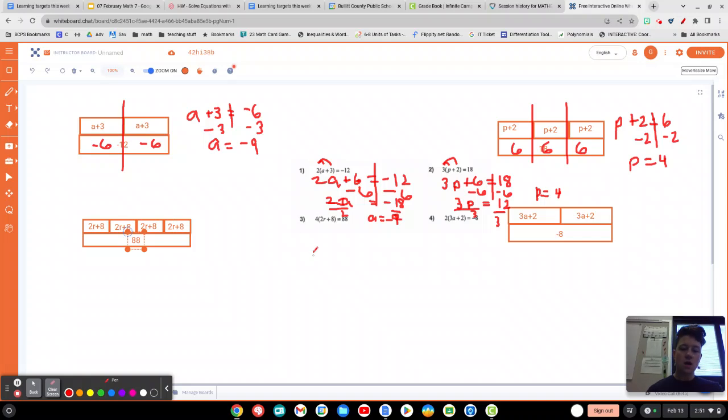All right. Now I've got 4 times 2r plus 8 equals 88. Again, I can distribute, and I get 8r plus 32 equals 88. Solve it like a two-step. Subtract my constant.